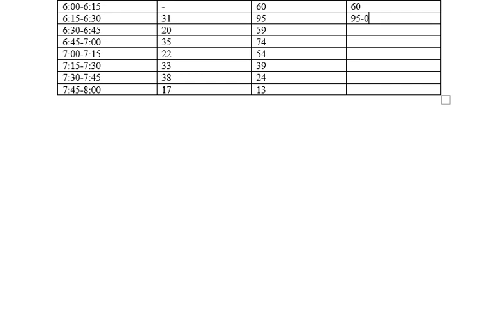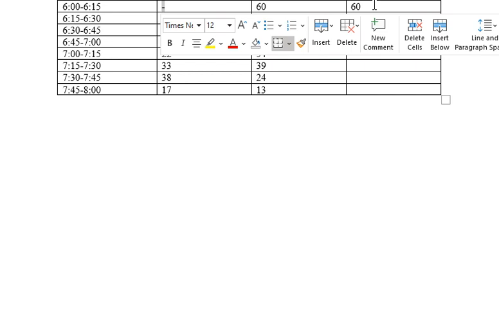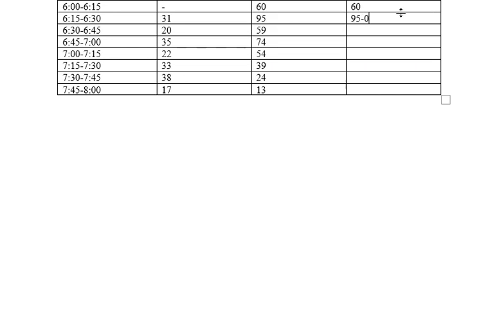Okay, so there's no queue before, so this is 0, so 0 here as well. Then plus the vehicles which are in the queue, which is 31. Okay, so this gives me 126 vehicles. Okay, moving on.